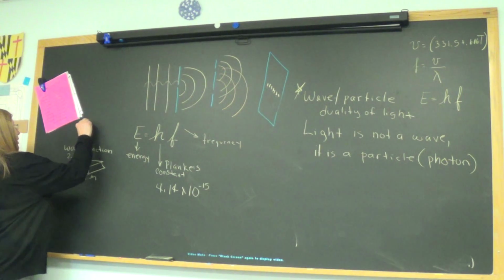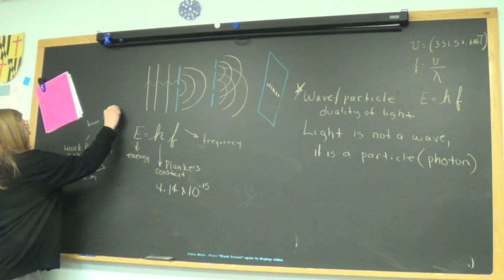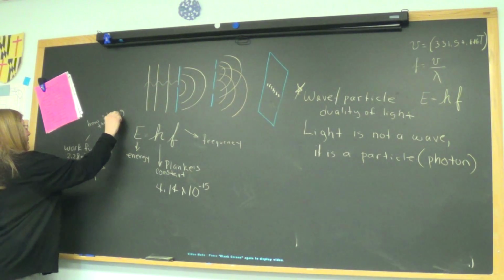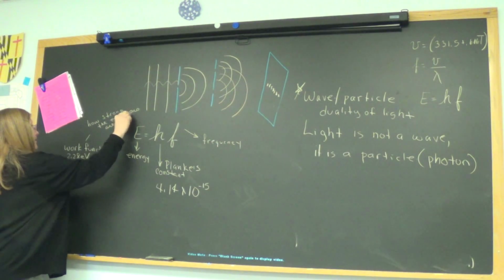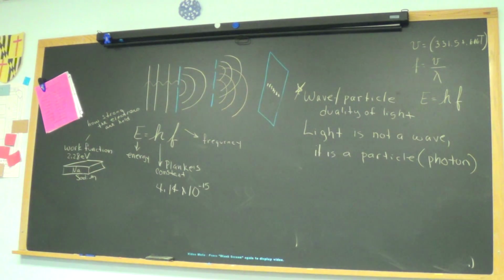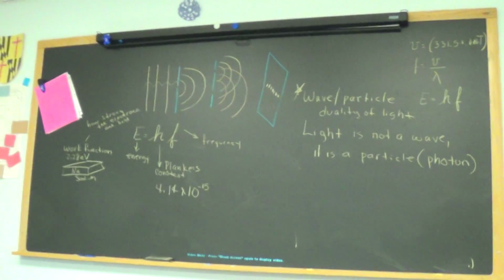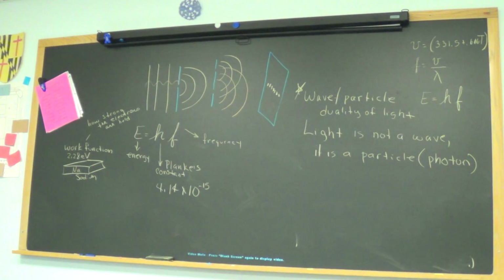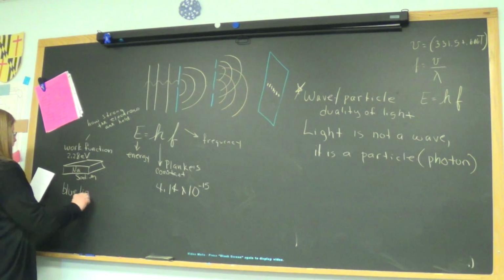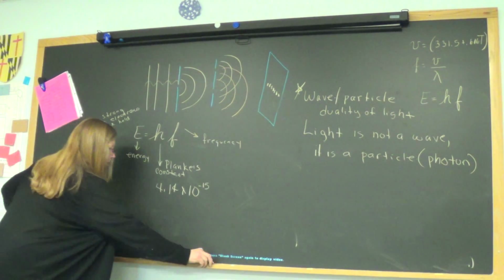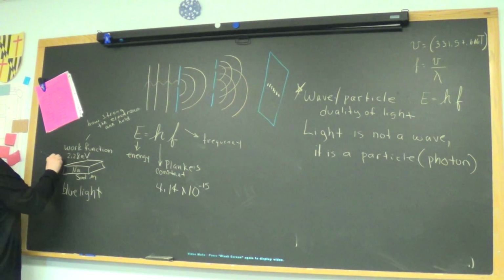So I'll say how strong the electrons are held, and I'll show you where that goes in the equation. It is going to be the E part, the energy with which the electrons are held. So 2.28 e-volts is what this metal has. We're going to shine blue light on it. I'll make the light as a particle.